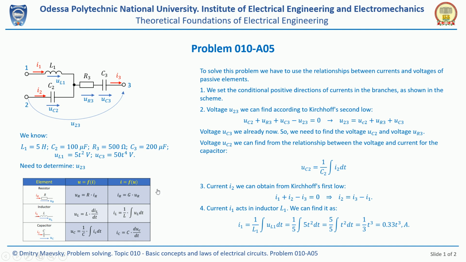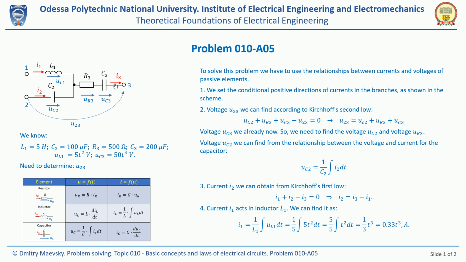First of all, we need to set the conditional positive directions of current in the branches. For example, as shown in this scheme: current number 1, current number 2, and current number 3.